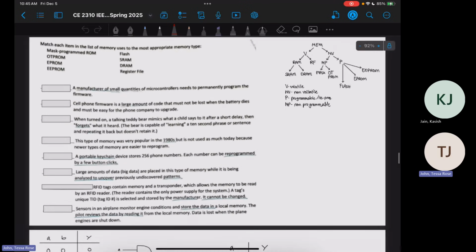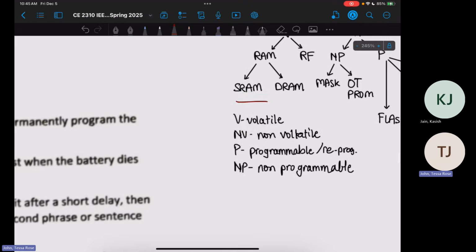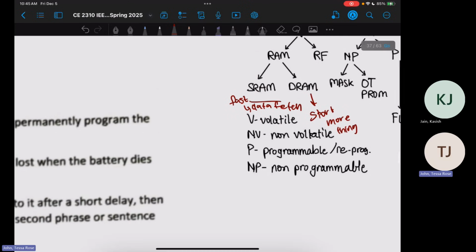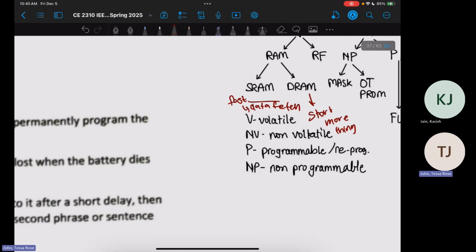So if you read the question and it sounds like you need to fetch data quickly, it's probably SRAM. DRAM is slow, but it stores a lot of things. If the question sounds like you have a lot of data and you have to store it, it's DRAM.